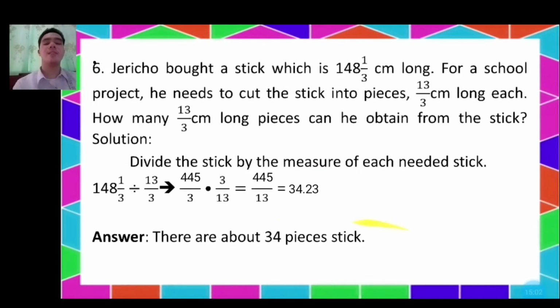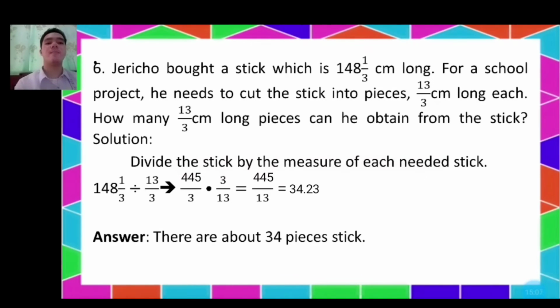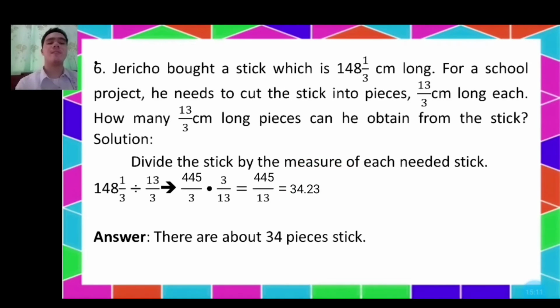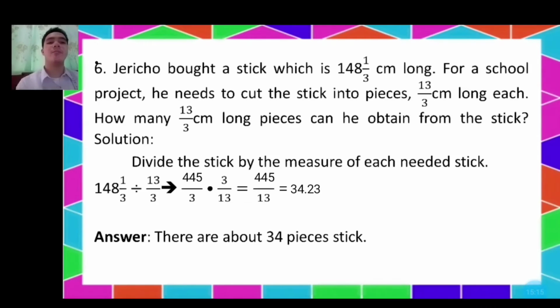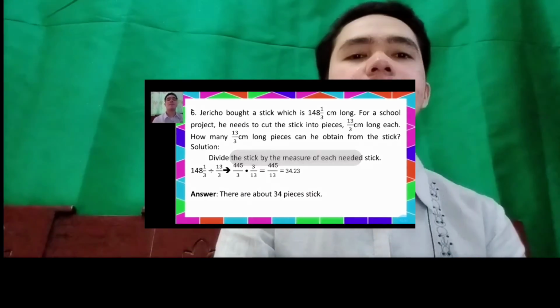Okay, so our answer is there are about 34 pieces of stick, because there is no 0.23 piece of stick. So we will make it a whole number, that is 34 pieces of stick. Okay, this will be our final answer.